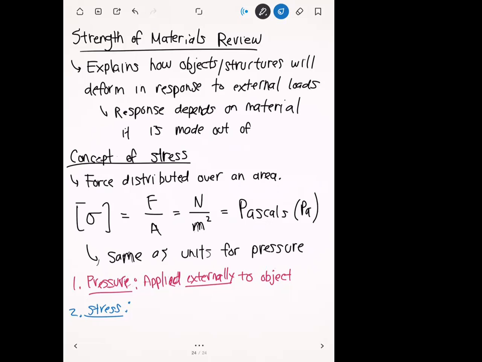Stress, on the other hand, even though it has the same dimensions as pressure, is something that develops internally inside an object in order for it to maintain some form of equilibrium.